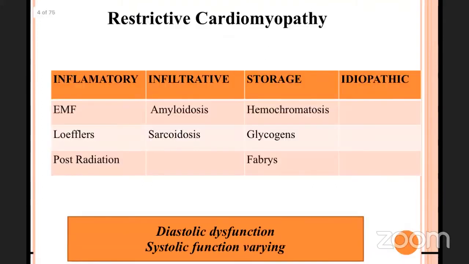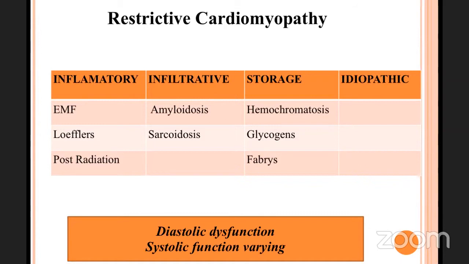It is important to remember that when we talk about restrictive cardiomyopathy, we often refer to the idiopathic type of restrictive cardiomyopathy, more often in children, adolescents and adults, basically a genetically predisposed disease.